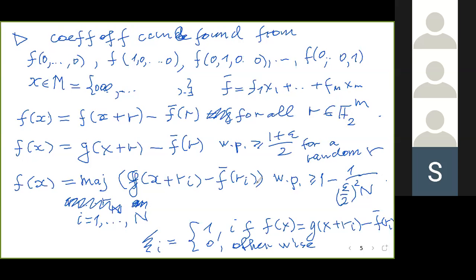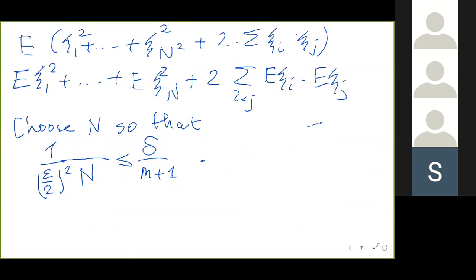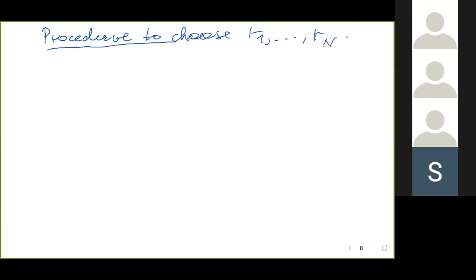We will increase the size of the list from 1 to some small number, and this will be the cost of gaining some knowledge of tilde F. More specifically, we will use a very special procedure to choose our R1, ..., R capital N. So the procedure is the following.